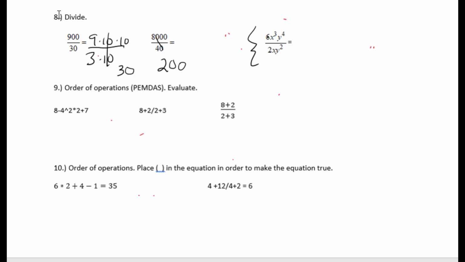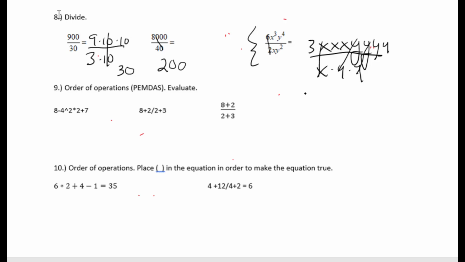This one here, well, it's 6 divided by 2. That's pretty simple, right? That's 3. And then I have x cubed, which is x times x times x. And y to the fourth, which is y times y times y times y. And that's over x times y times y. One of the x's cancel, and 2 of the y's cancel.